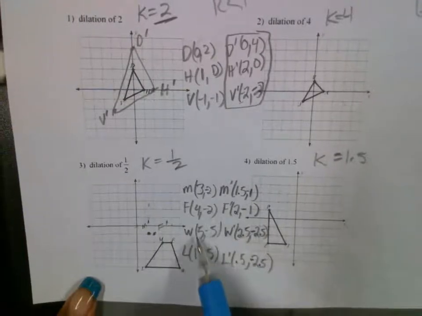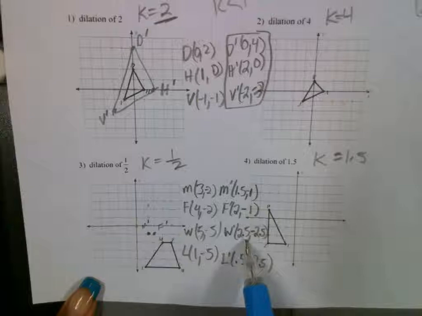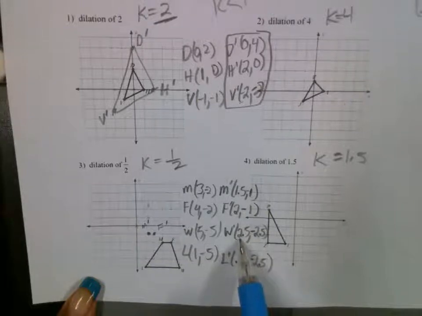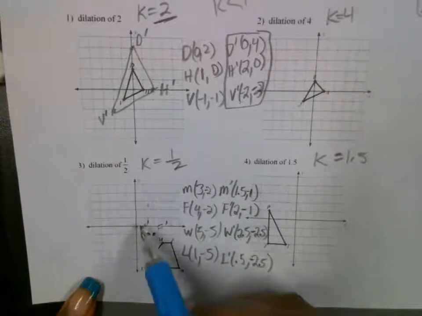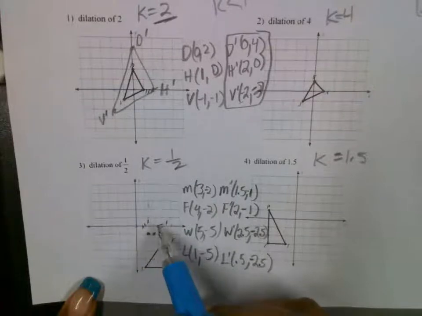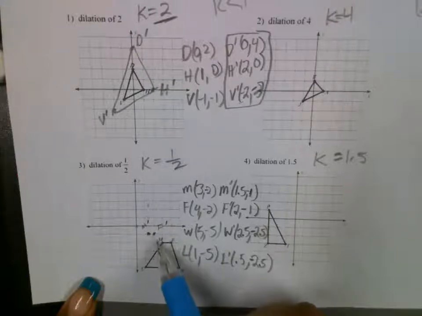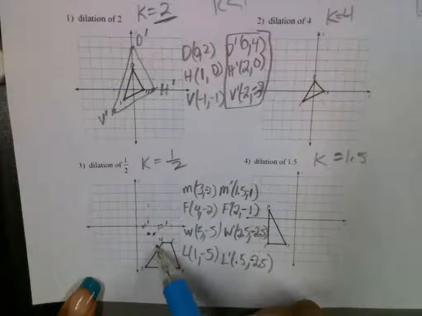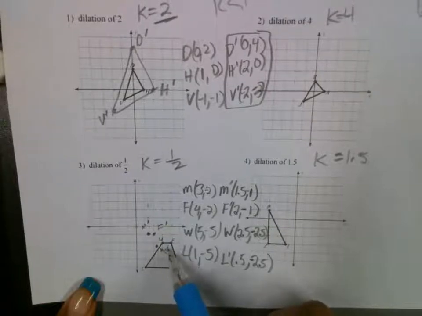This one's supposed to be 2.5, and then down 2.5. So go over 1, 2, and a half is right here, and down 2.5. This is W prime.